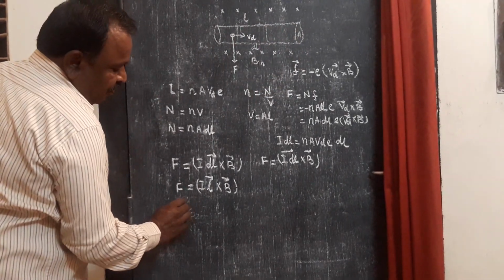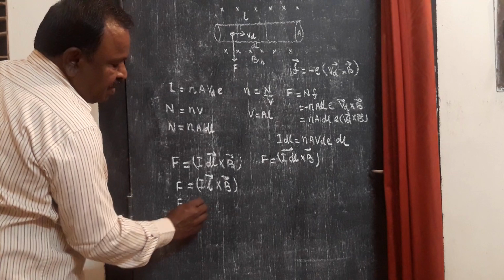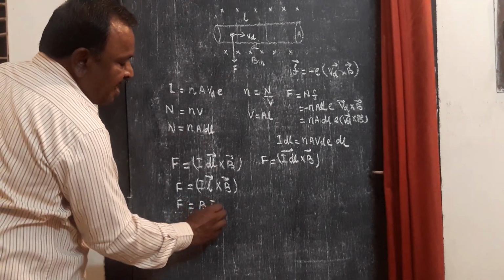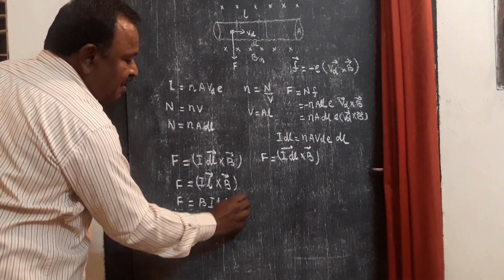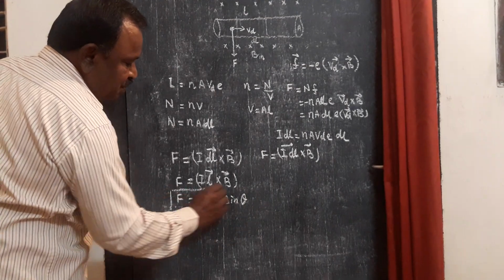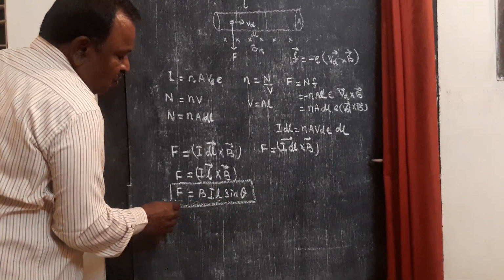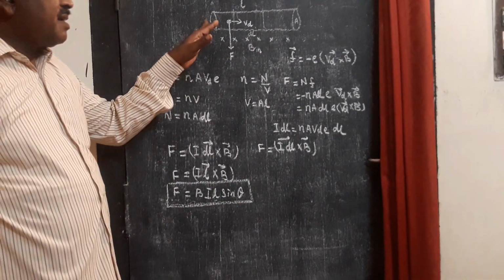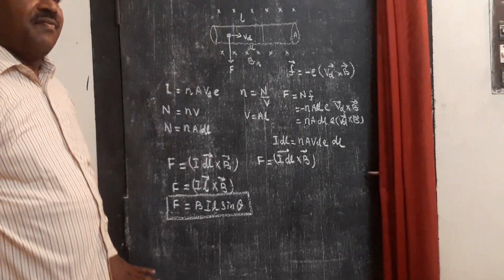The magnitude of force is given by BIL sin theta. This is the expression for the force on a current carrying conductor kept in the magnetic field.